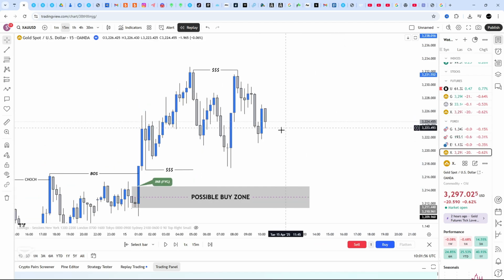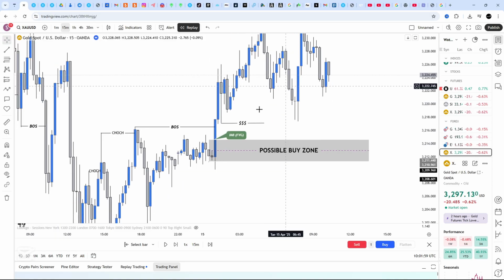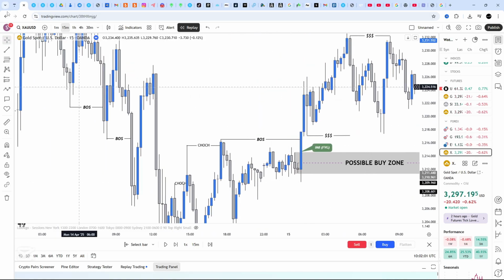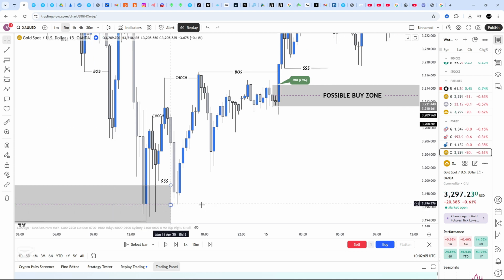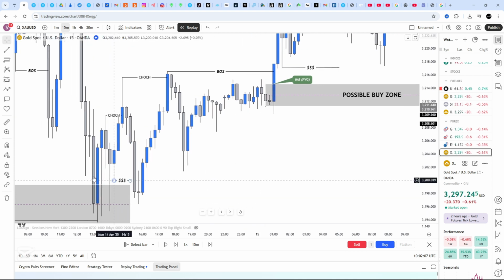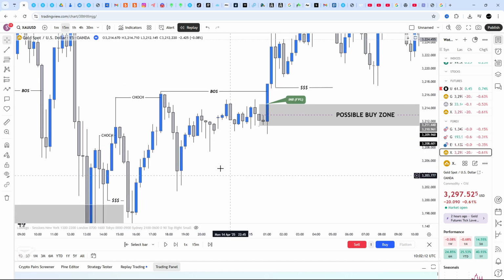Now, as we can see in this example, the market here was in a downtrend, and at last the market tapped into this order block, and then the market started making higher highs, breaking the higher zones, and lastly created this change of character, retested, and BOS.